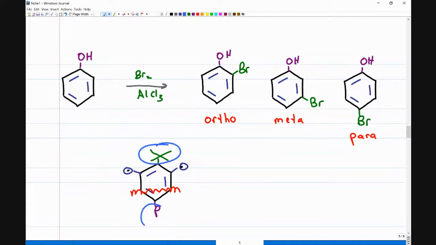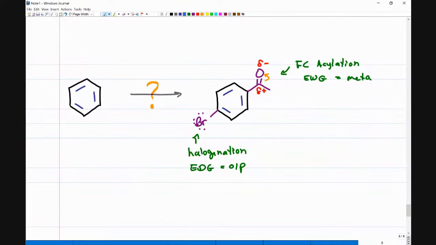This is what I started with. That is para. To get the 2 groups para, I need to put a para director first. I cannot start with acylation. I have to start with halogenation. Once I have halogenation and I have the bromine on the ring, then I can do acylation because the acyl group will wind up at the para position.